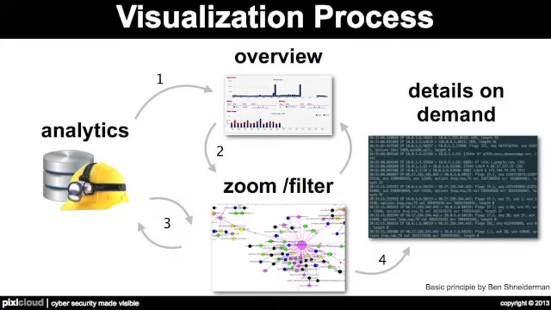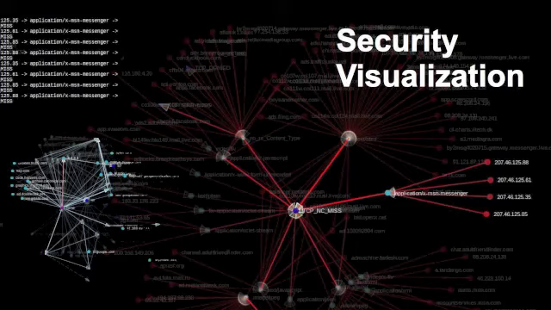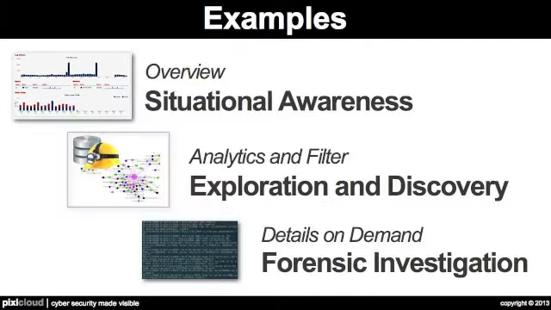And then I go to the details to figure out what really happened. Taking that process and applying it to actual security problems, I'm going to show you situational awareness, that's the overview; exploration and discovery as the analytics and filter capability; and then details on demand as our use case of forensic investigations.